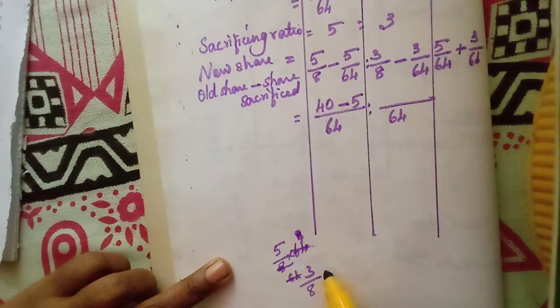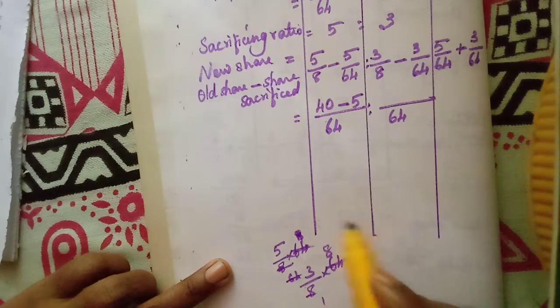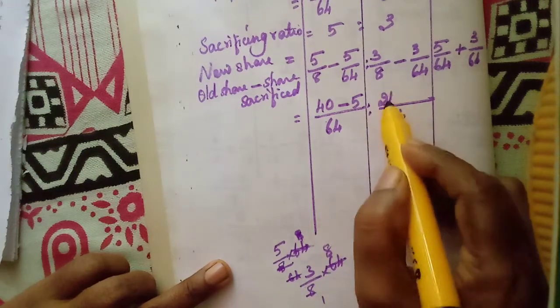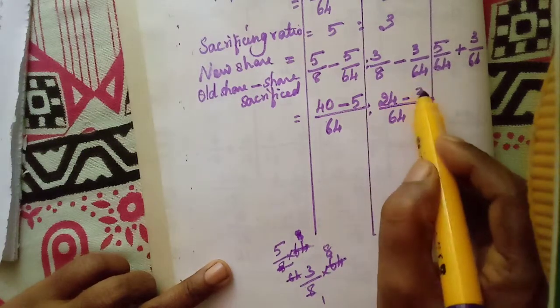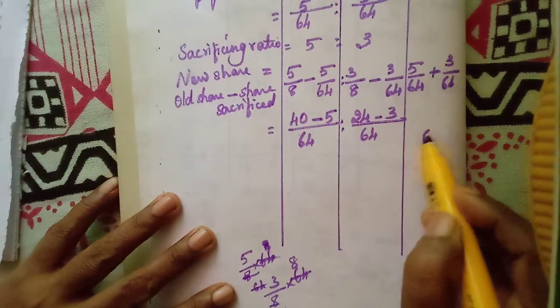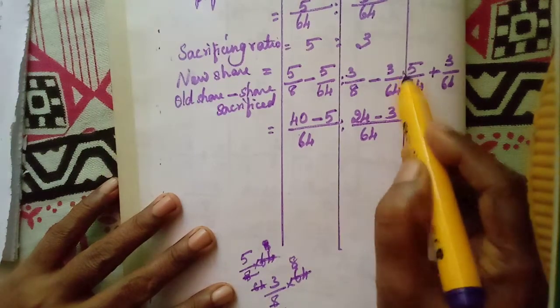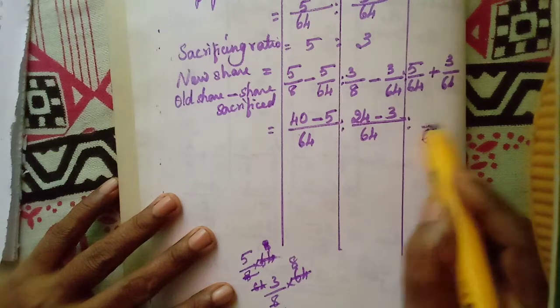3 by 8 into 64. 8 8s are 64. 3 8s are 24. Minus 3. Here LCM is 2, you write 64.